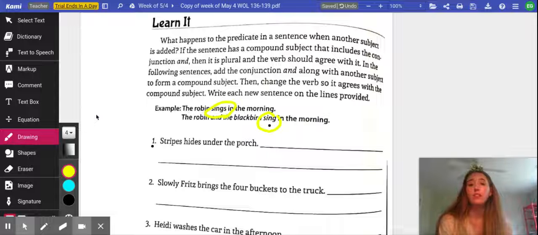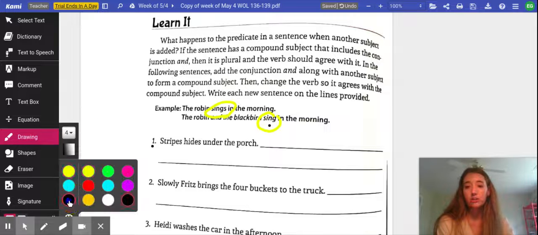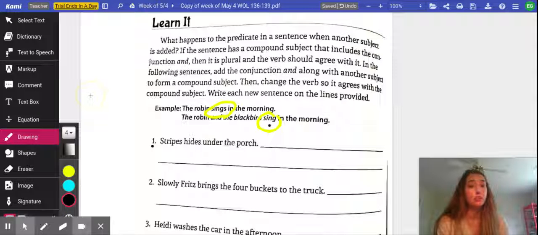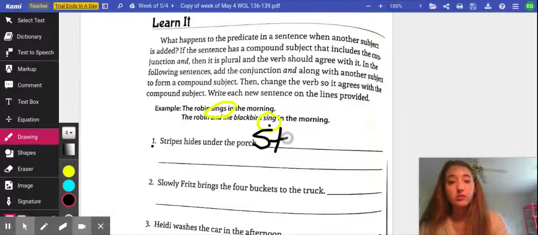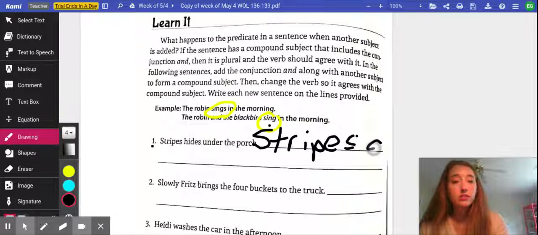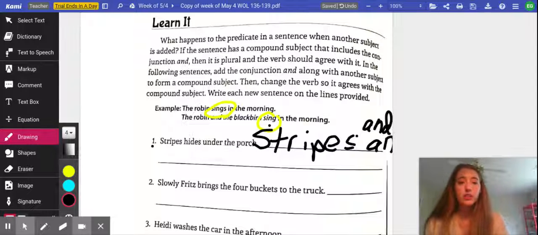So we've got the first sentence here, stripes. Stripes hides under the porch. Let's add another subject here. So instead of just stripes, we could say stripes and, I need to write a little bit smaller.